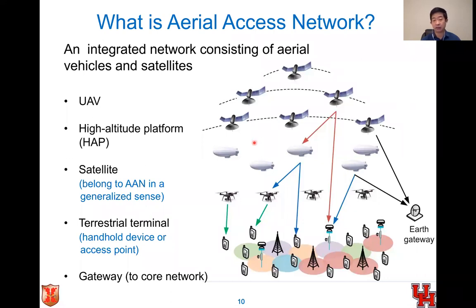Sometimes you need a hub to connect to the core network. So basically, you should consider them all. Pay attention to the terrestrial terminal and the gateway, which are very different. I saw a lot of papers with UAV, HAP, and satellite only, but sometimes you need to consider the terrestrial terminal and the gateway. I will tell you why in a few slides.